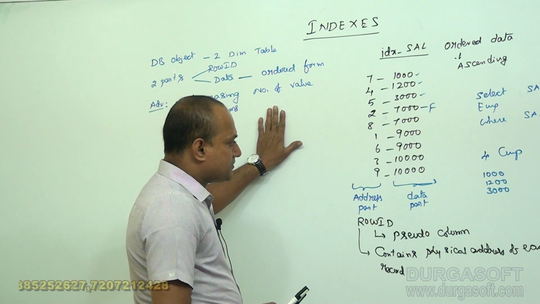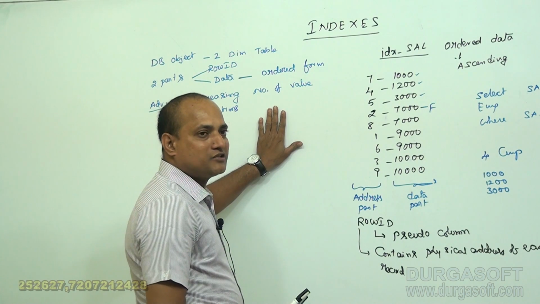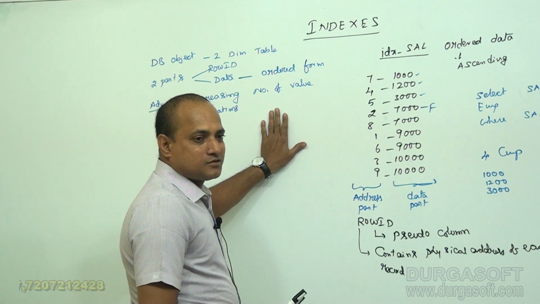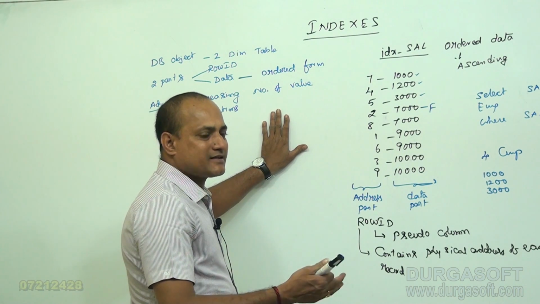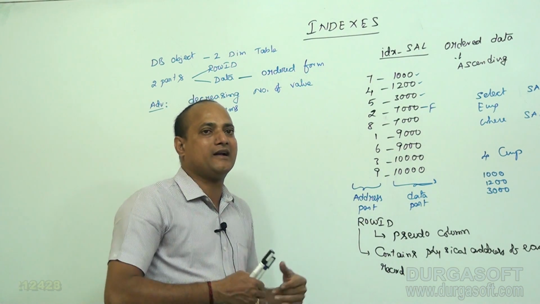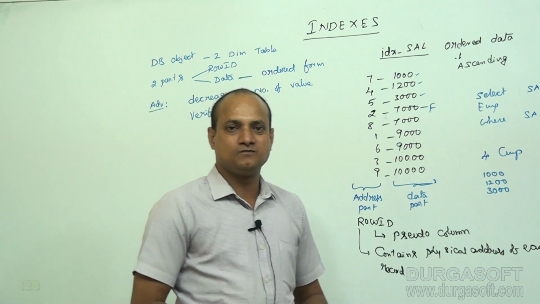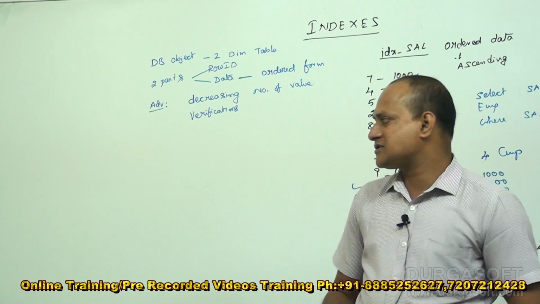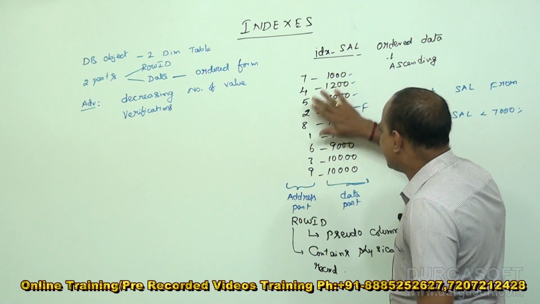Clear? Table data is generally randomly ordered. You cannot say table data is ordered data. Online, so many transactions are going on, and the transactions will be randomly inserted into the table. But the index maintains ordered data.